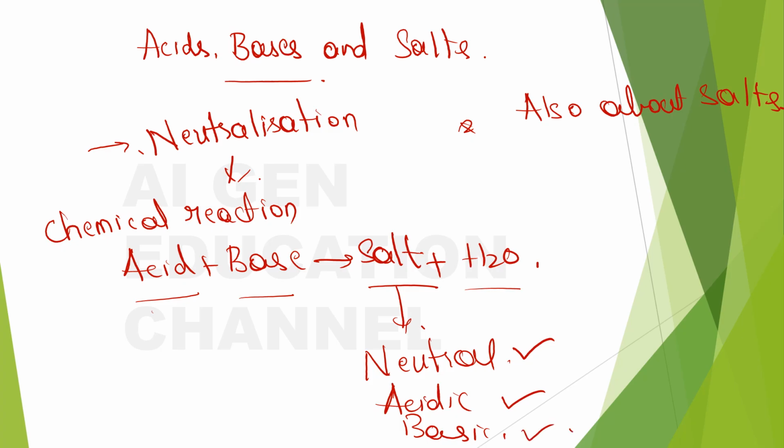How acidic it would be depends upon the number of replaceable H atoms. Now, how about a basic salt? In a basic salt, it depends upon the number of OH atoms.